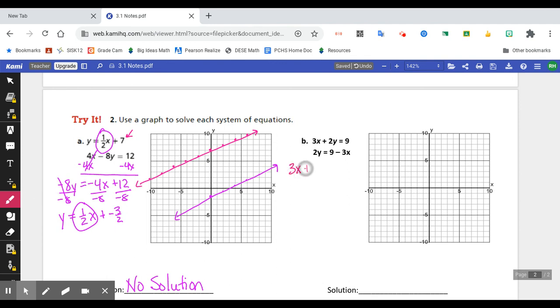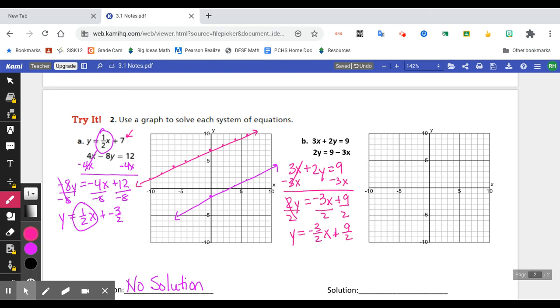We've got 3x plus 2y equals 9. Subtract the 3x. So I have 2y equals negative 3x plus 9. Divide by 2, and y equals negative 3/2 x plus 4.5, or 9/2, whichever way you want to say it.